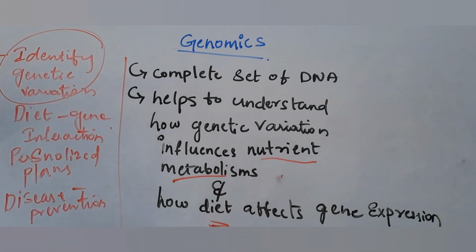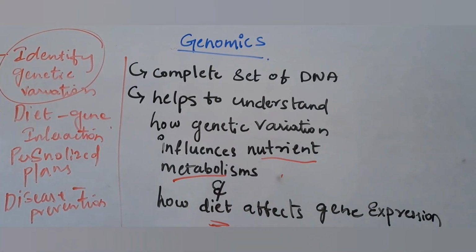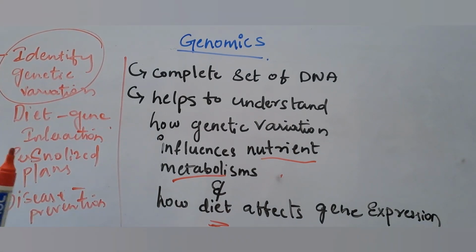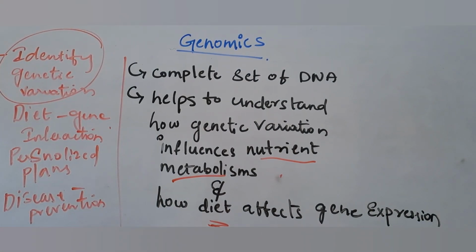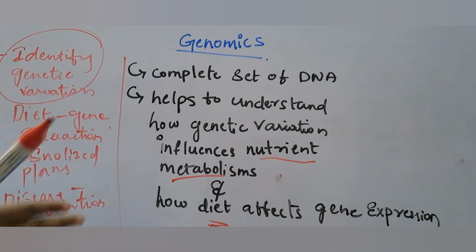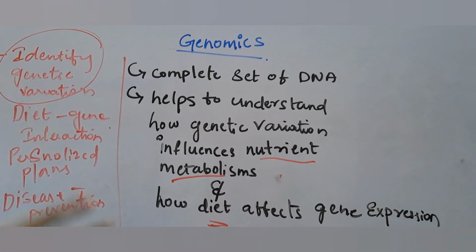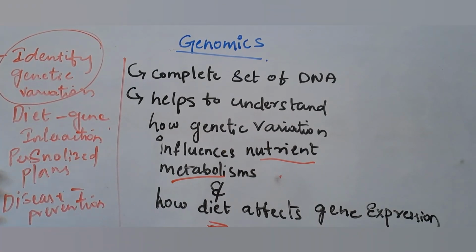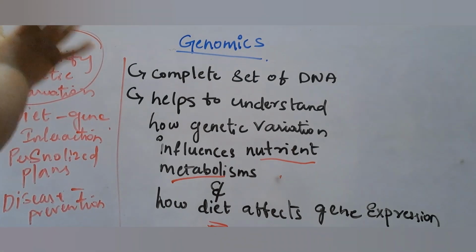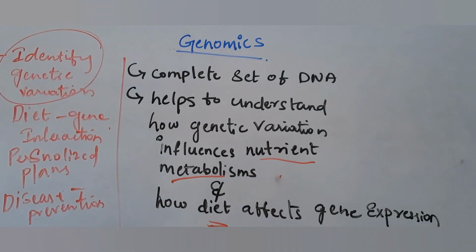So here, what is it doing? It is identifying the genetic variation. As I said, with the example of the LCT gene and MTHFR gene, it helps to diagnose certain types of nutrient intolerances or anything related to nutrient variation. So we are identifying genetic variation in the first topic.